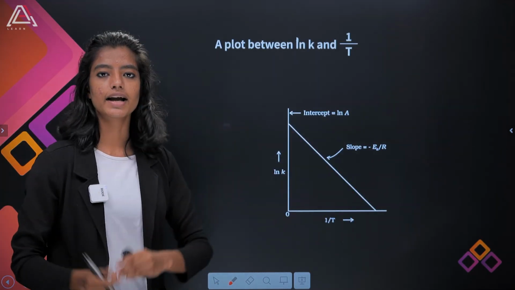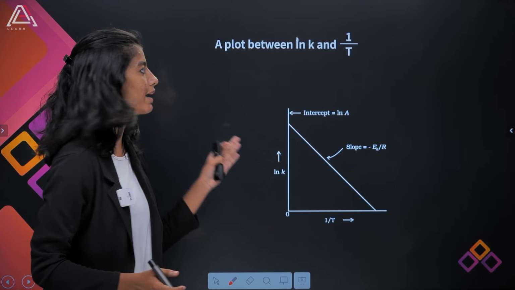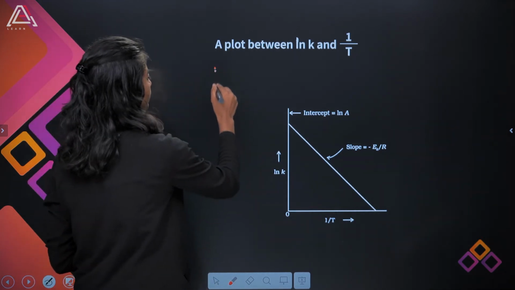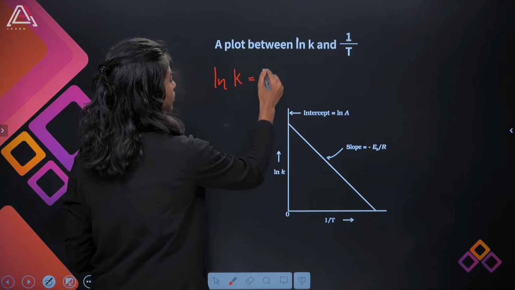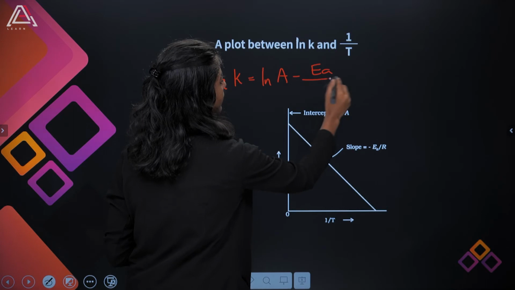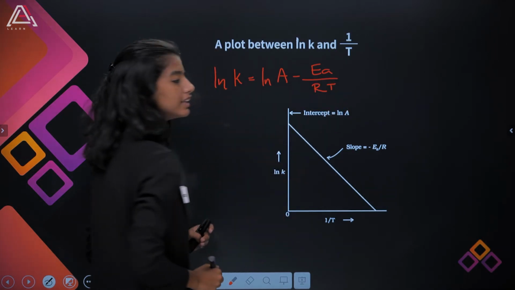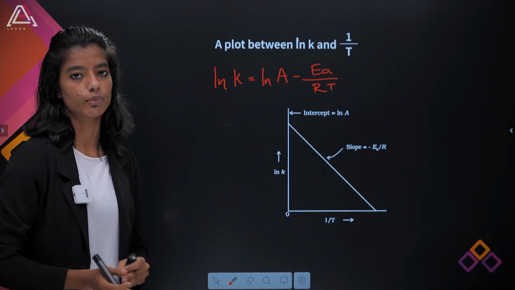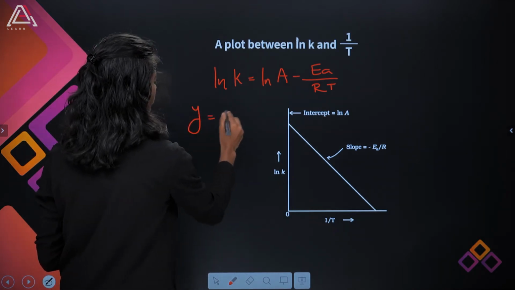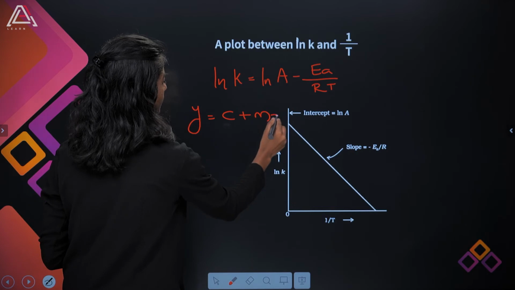Now we can determine the activation energy by plotting a graph. We have the equation ln k = ln A minus Ea divided by RT, right? This is in the form of a straight line equation. What was the equation for a straight line? It was y = c + mx.